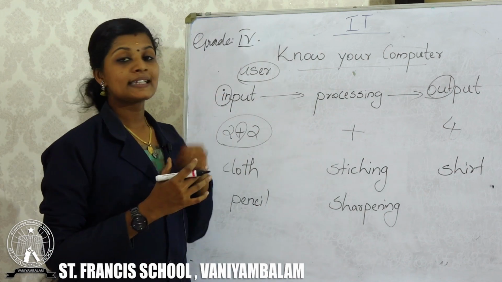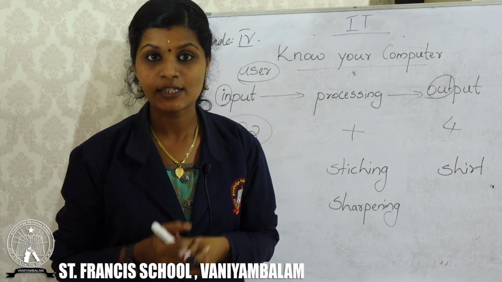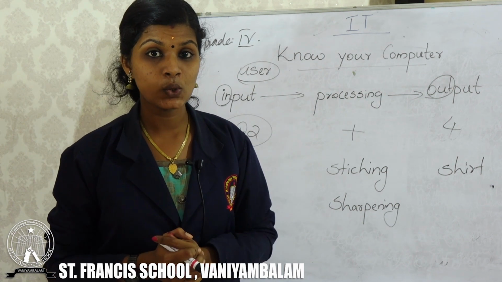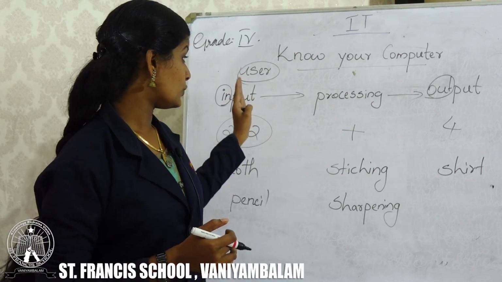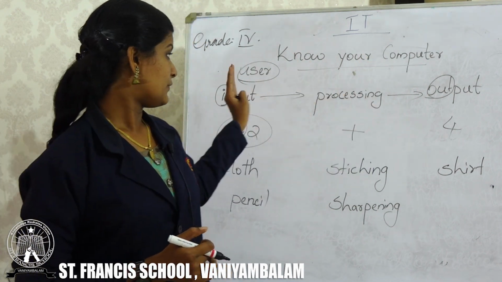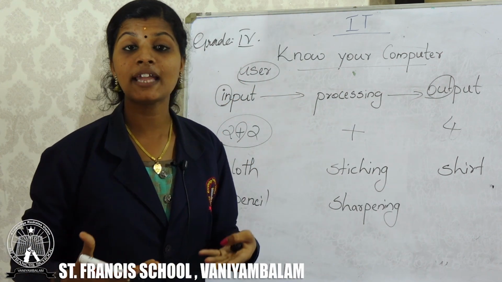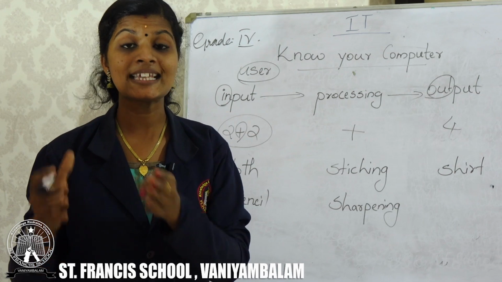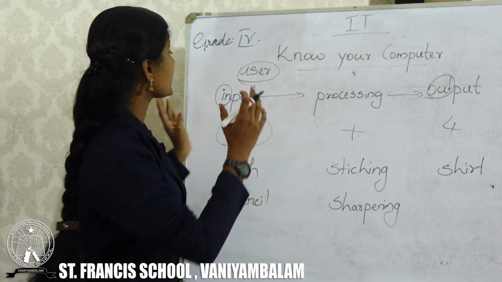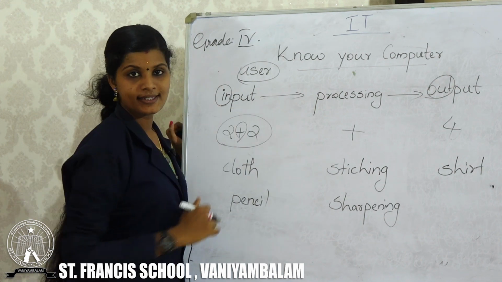Now, in the case of a computer, we use some devices for doing these activities. If you are using a device for entering an input, then it is known as an input device.